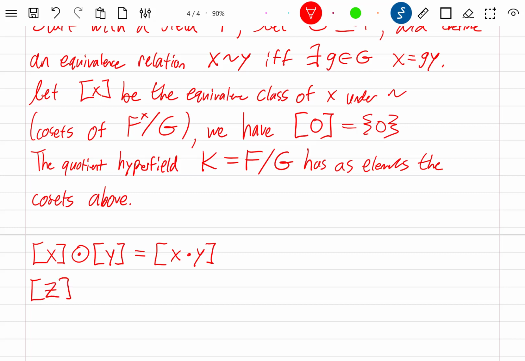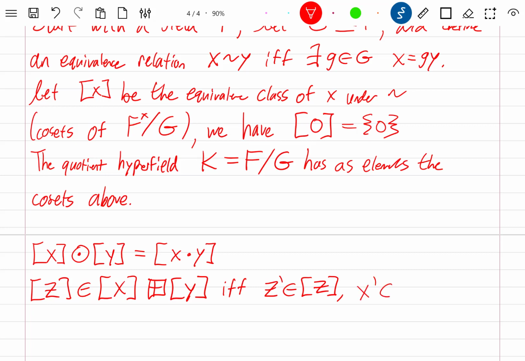So the equivalence class of z will be inside the equivalence class of x plus the equivalence class of y if and only if I can find some element z prime in the equivalence class of z, some element x prime in the equivalence class of x and some element y prime in the equivalence class of y, such that z prime is x prime plus y prime.